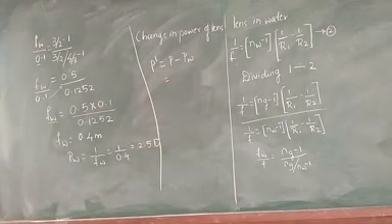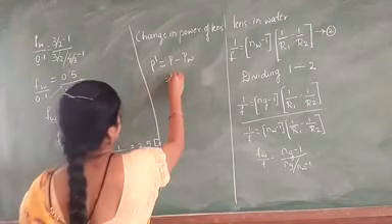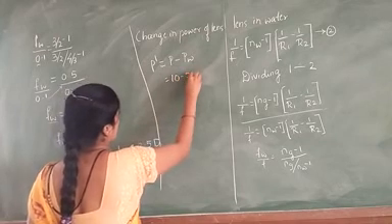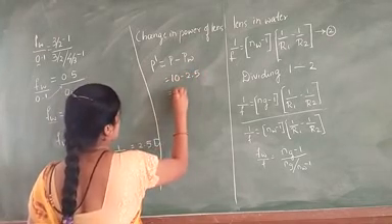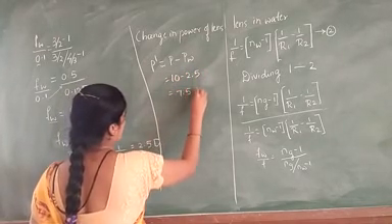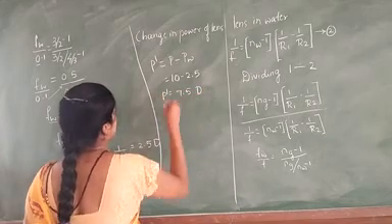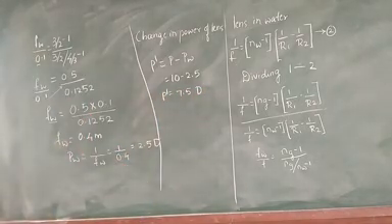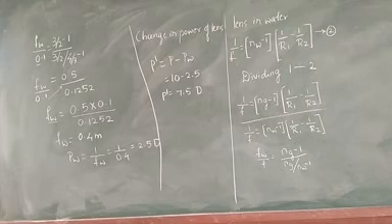The value of P is 10 minus 2.5. Therefore the total value is 7.5. So the change in the power of the lens, P dash, is equal to 7.5 D. This is the answer.